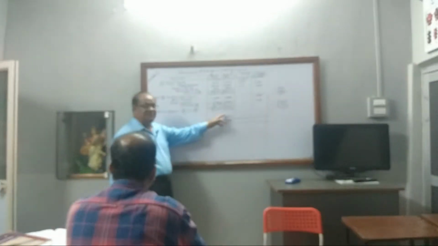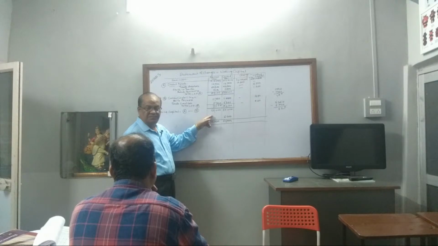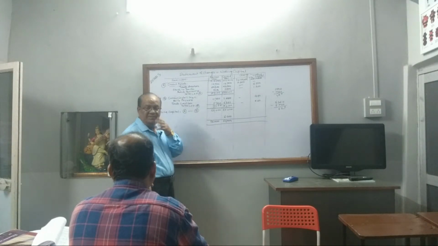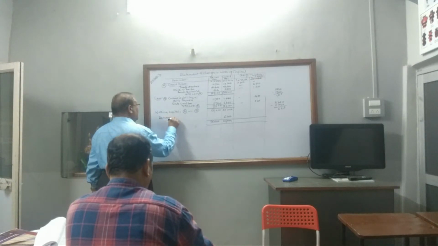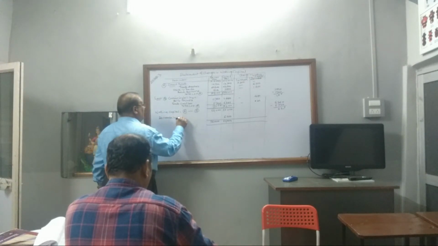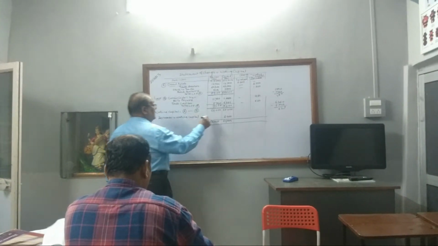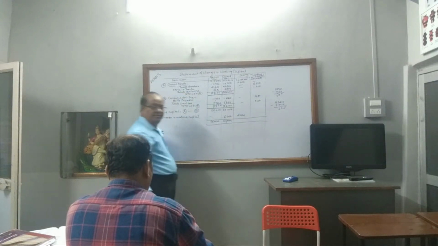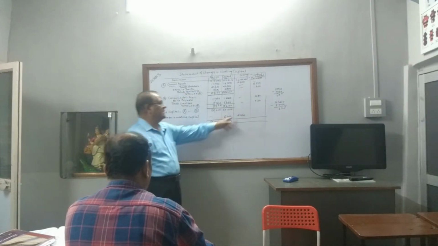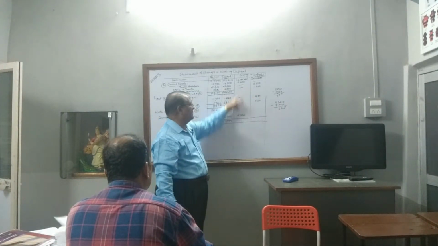If you get the balance in the second column, it is a decrease in working capital. If you get a balance in the first column, it is an increase in working capital. So it is a decrease in working capital of 6,000.